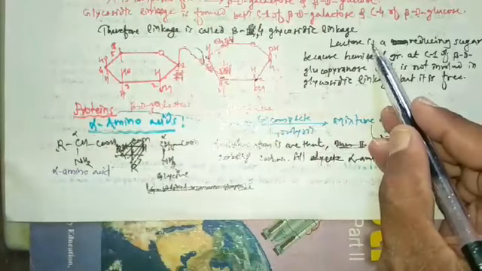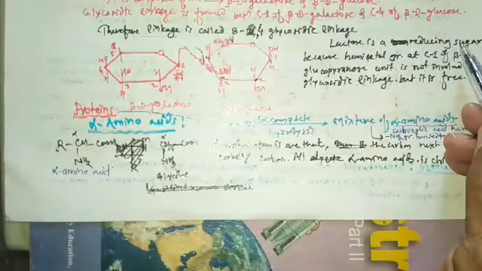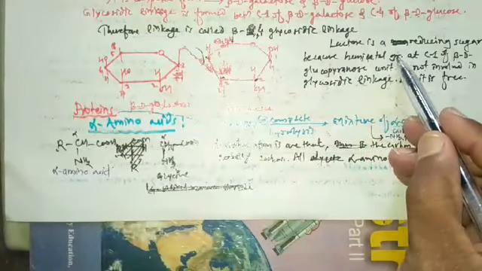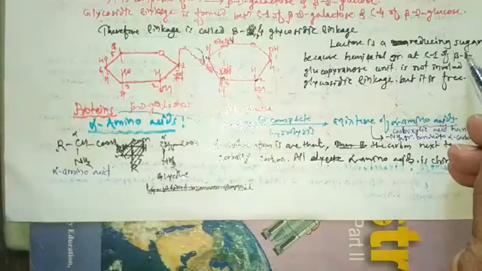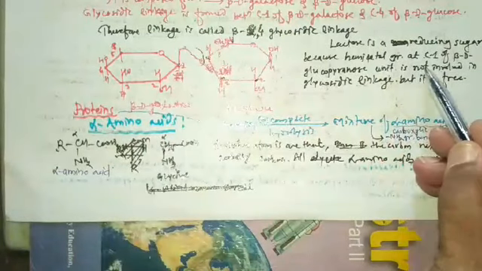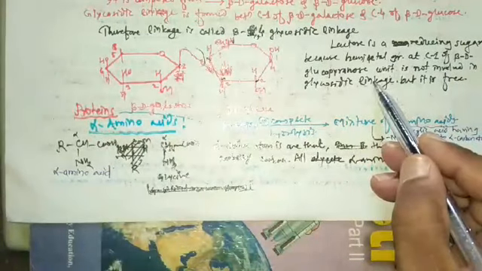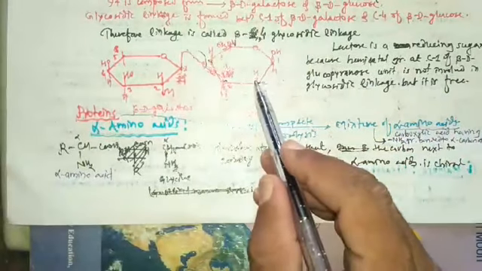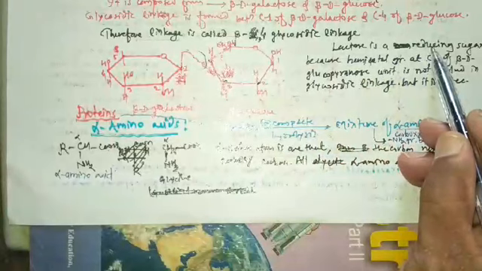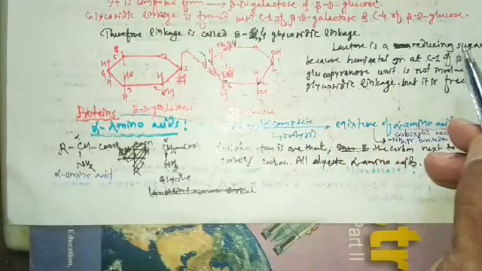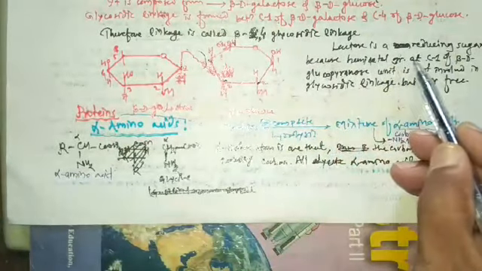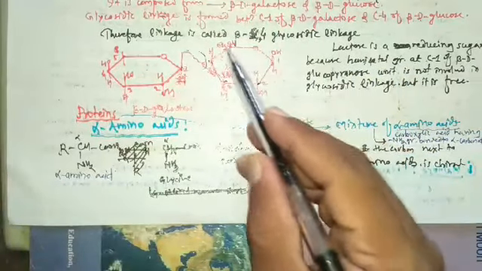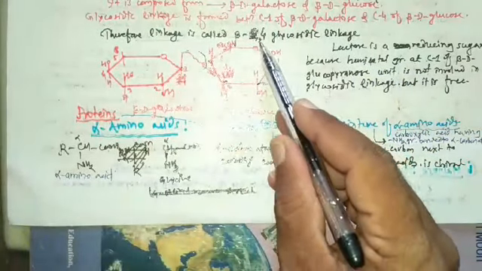Again, lactose is a reducing sugar. Why is it a reducing sugar? Because the hemiacetal group at C1 of the beta D glucopyranose unit is not involved in the glycosidic linkage, but it is free.